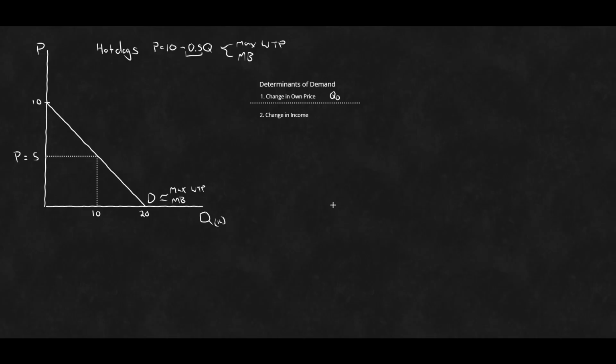Typically, for most goods we would call normal, for most normal goods, if our income goes up, then our quantity demanded goes up. And here you might be like, wait, Keith, you said everything below this line is a change in the demand curve. And here you're talking again about quantity demanded, just like you were before.